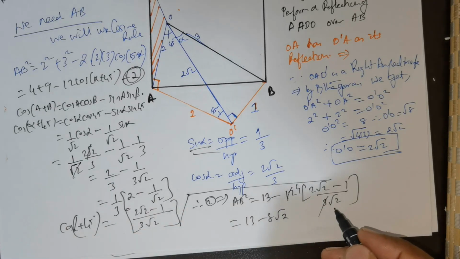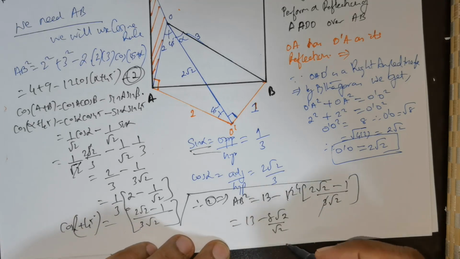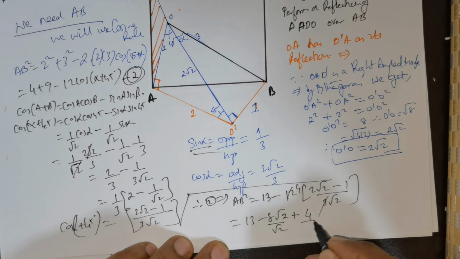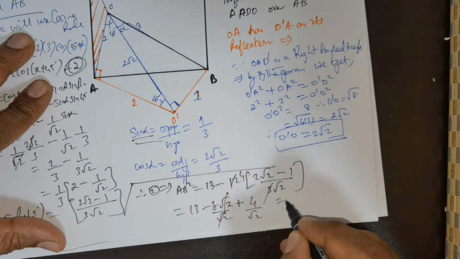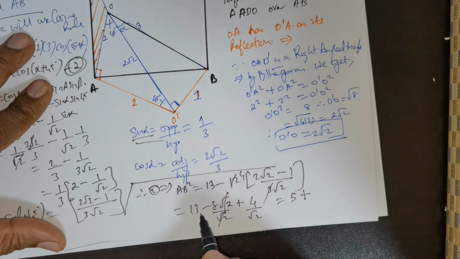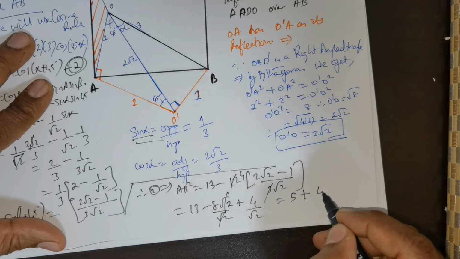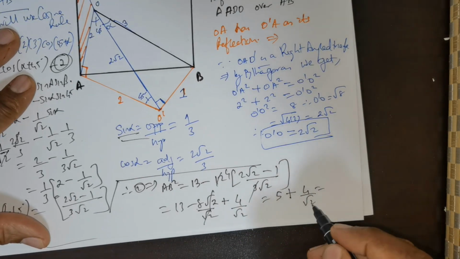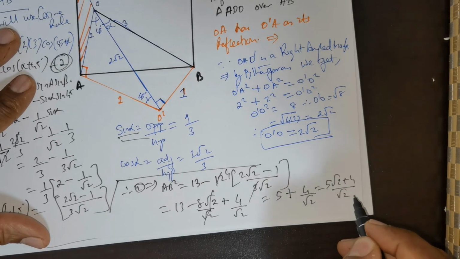Now you have a root 2 there, so I divide by root 2. And then negative positive, 4 into 1 is 4 divided by root 2. Now this and this get cancelled. So 13 negative 8 will give me 5, positive 4 times root 2, which is nothing but, you take the LCM, you get 5 into root 2 positive 4 divided by root 2.